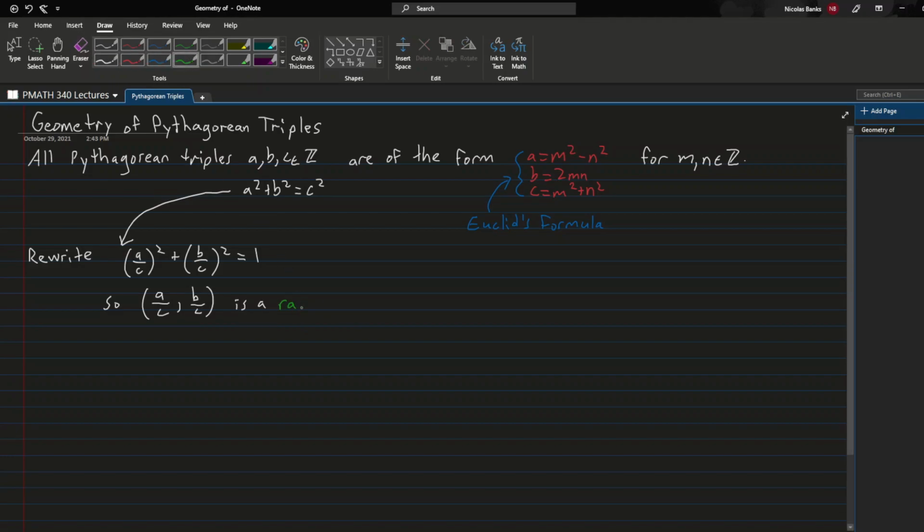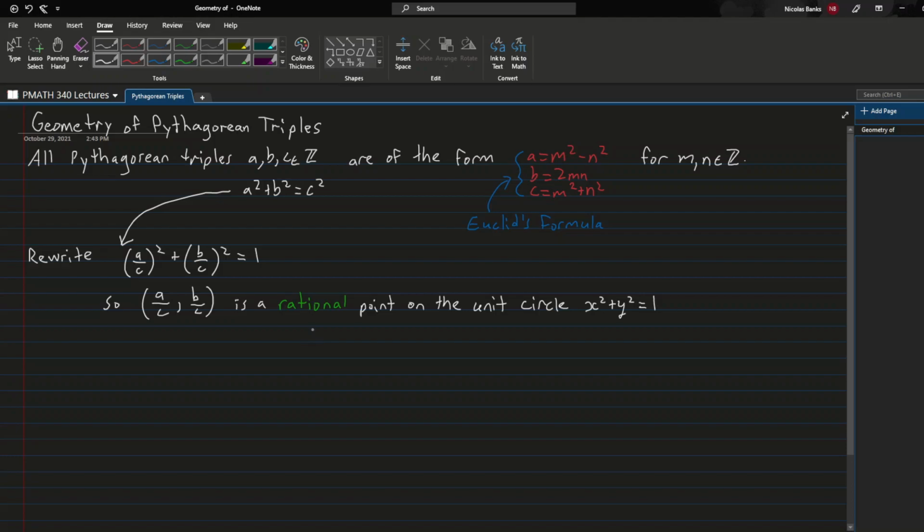By that I mean that both entries of that pair are rational numbers because a, b, and c are integers. So that point is a rational point on the unit circle, which we can write. You might remember from high school, it's the equation x squared plus y squared equals 1. So that's a circle of radius 1 centered at the origin.